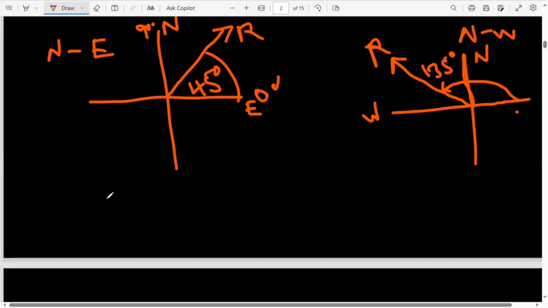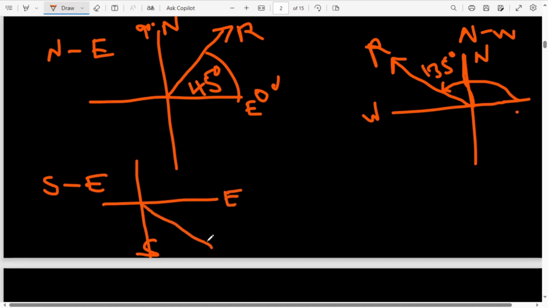And then you have the ones for the south now. So we have southeast. Southeast will be this. So this is the south and this is the east. Okay, so you have an angle between south and east like this. So how are we going to find the direction here, or the angle of the resultant vector? Okay, remember we start from the positive x-axis, we move like that all the way up to this resultant vector like this. So this whole angle here is what we're interested in.